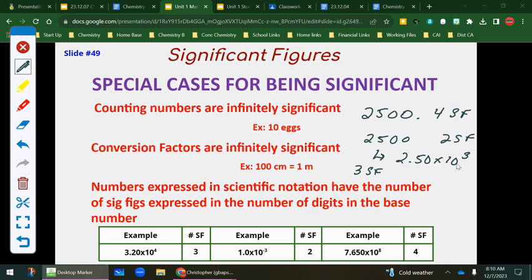It is the only way to express this number to 3 sig figs. Remember, I wrote it without the decimal originally. We put the decimal, it becomes 4. And you can't just make it 2,510. You can't just make it a different value, because that wasn't your measurement. All right? Questions?